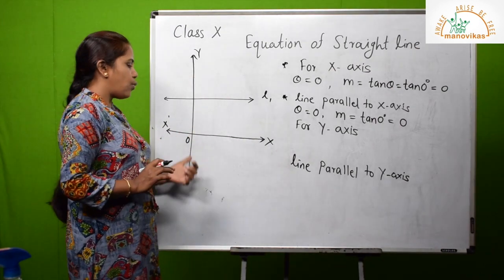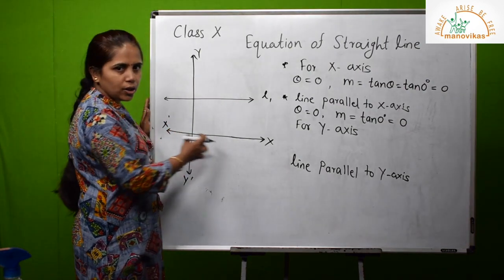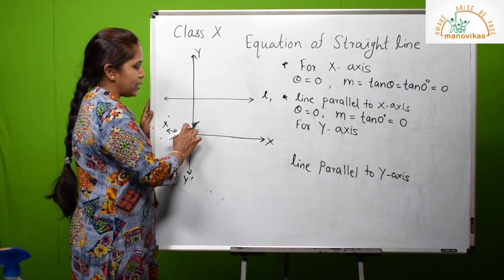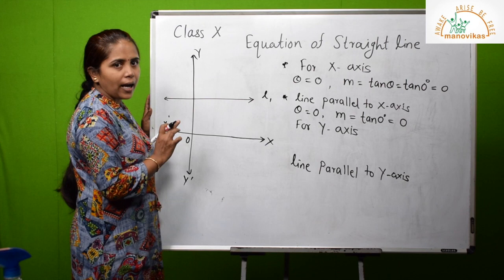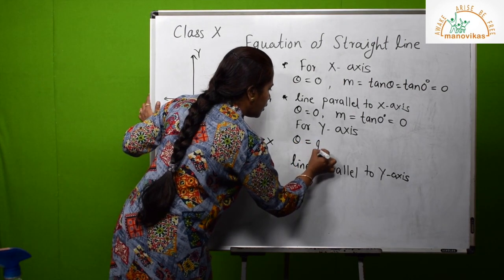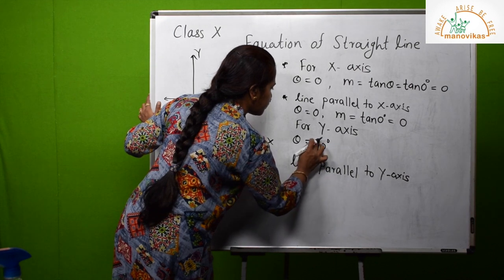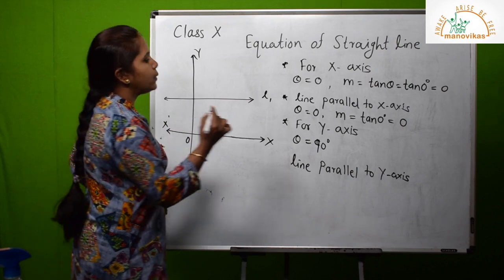Now what about y-axis? Y-axis is perpendicular to the x-axis. So what is the inclination of y-axis with x-axis? It is 90 degrees. So theta value is 90 degrees for y-axis. Then what will be the slope?